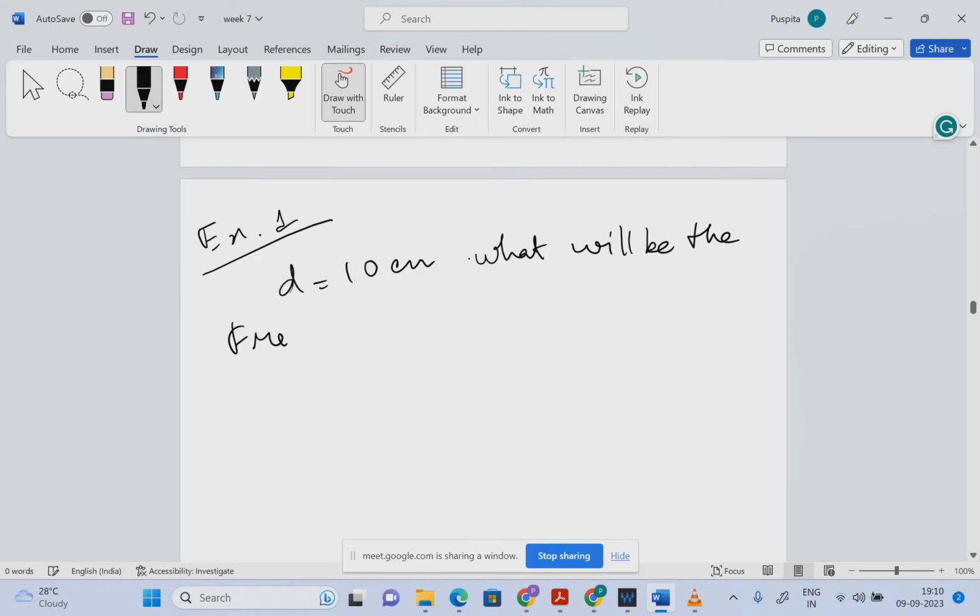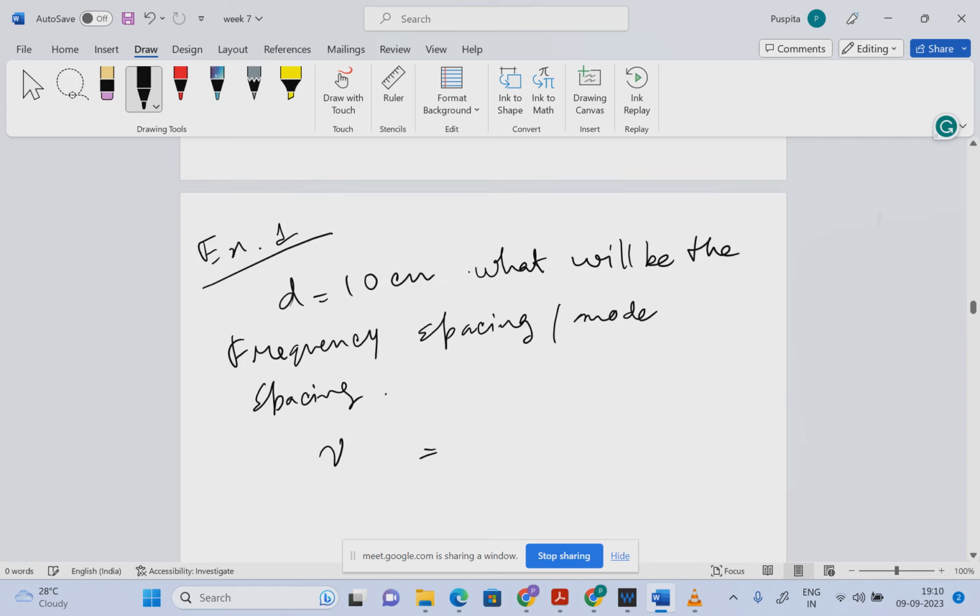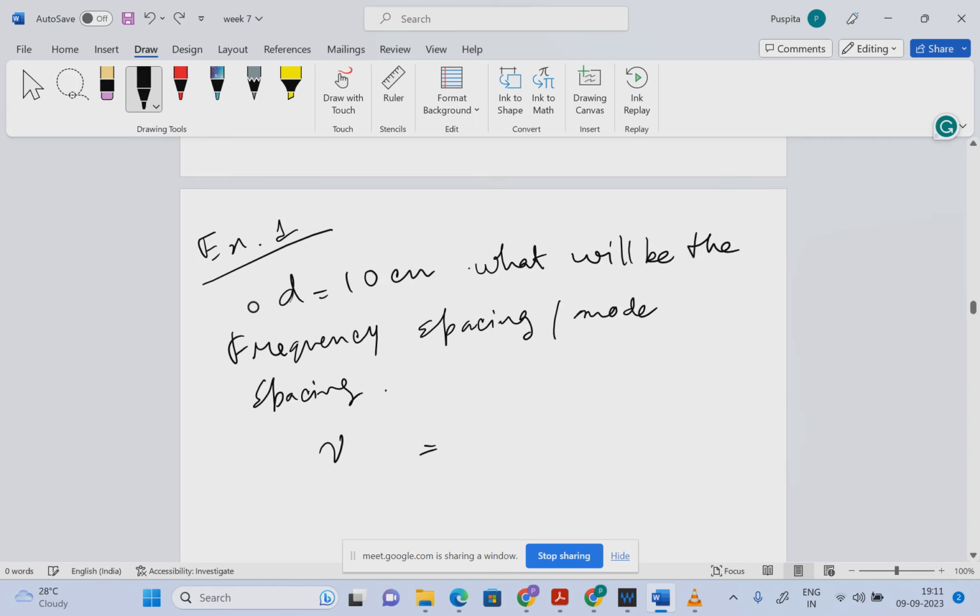So the spacing, or node spacing. So new max, or say new m, is mc by 2d.